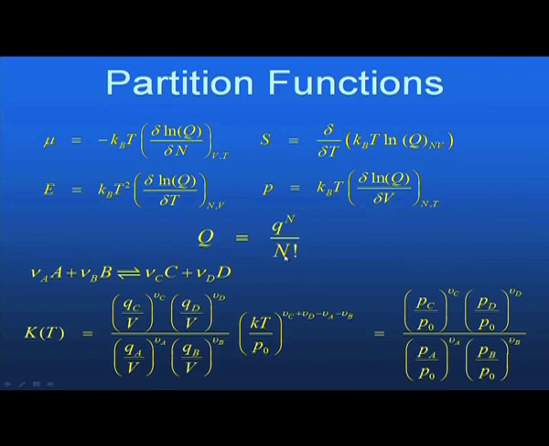Now, move on to a reaction of this kind, A plus B giving rise to C plus D, with stoichiometric coefficients nu A, nu B on the left hand side, and nu C and nu D on the right hand side. So, the equilibrium constant at a temperature T, you can write in this way: QC by V, the partition function per unit volume of course, to the power nu C, QD by V to the power nu D, divided by this, into kT by P0.